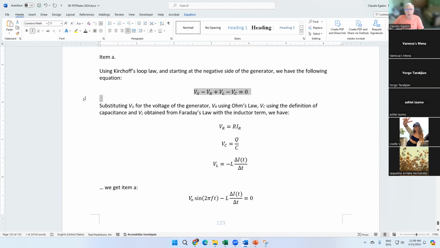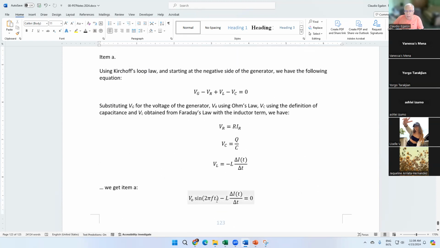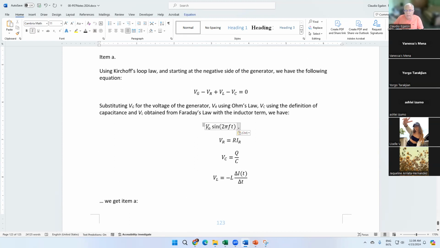So our Kirchhoff loop law equation becomes, let's see here. I have to write down the V sub G; I didn't write it down, I'll write it now.